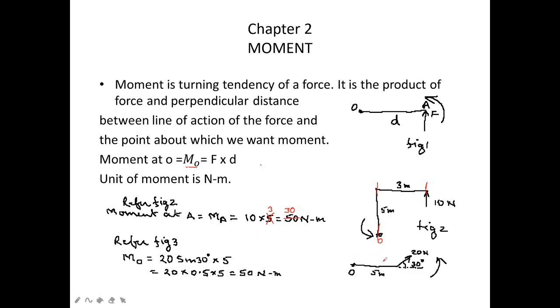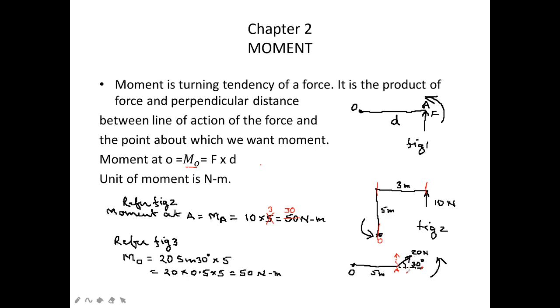Now in the third figure, an inclined force of 20 Newton is acting at point A, and I want to find out the moment of this force about point O. Because this is an inclined force, inclined at 30 degree to the x-axis, I will resolve this force into x direction and y direction.